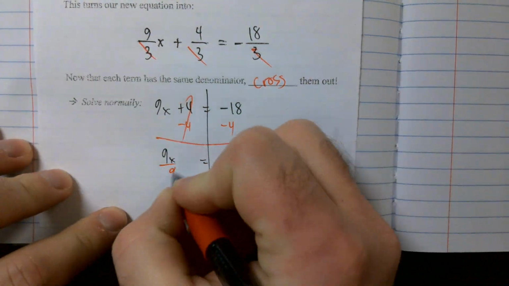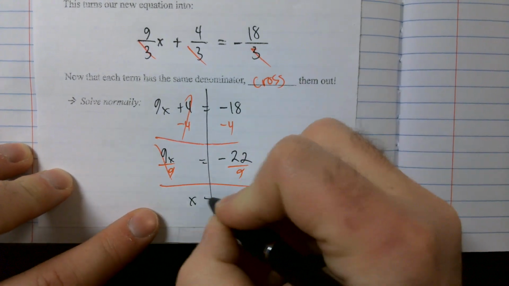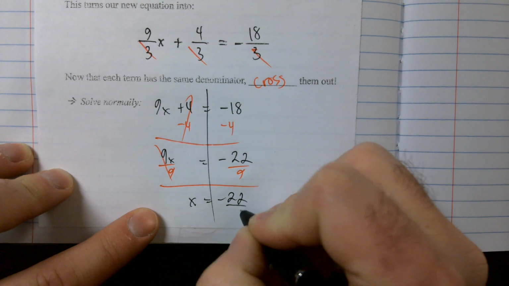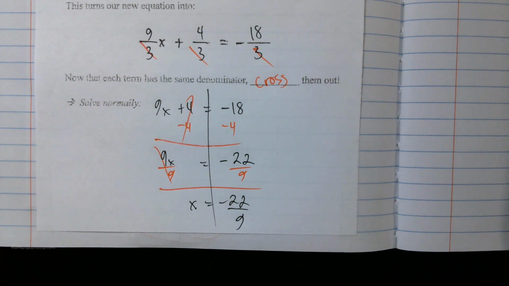What do I want to do last? Divide by 9. What 2 numbers multiply to give me 22? 11 and 2. What about 9? 9 and 1 or 3 and 3. Can I cancel anything here? No, so we'll leave it like that.